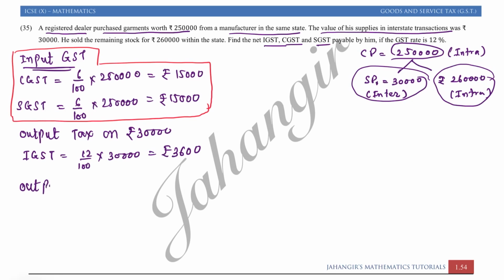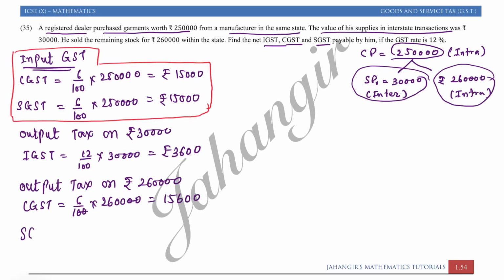Now output tax on rupees 2,60,000. In it we will find CGST because that was an intrastate transaction, 6% of 2,60,000. 0 cancel, 26 into 6, 156, that is 15,600. SGST is again the same, 6% of 2,60,000, that is 15,600 rupees.